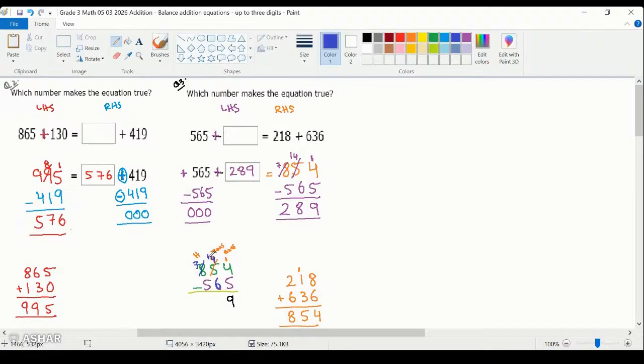That means there are 14 tens minus 6. 14 minus 6 was 8. And this was 7 minus 5. This was 2. So it comes out to be 289.